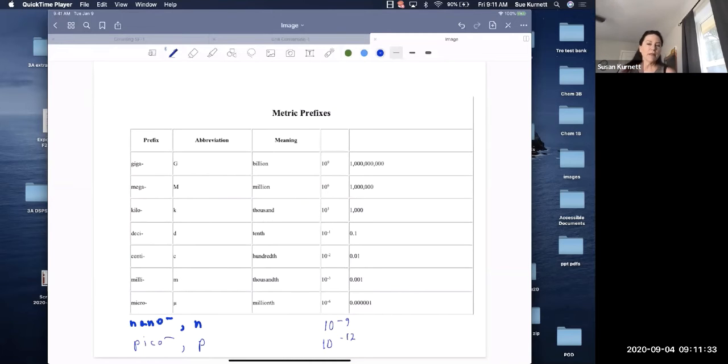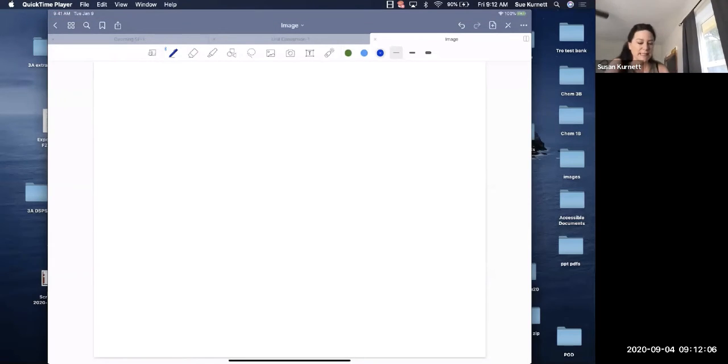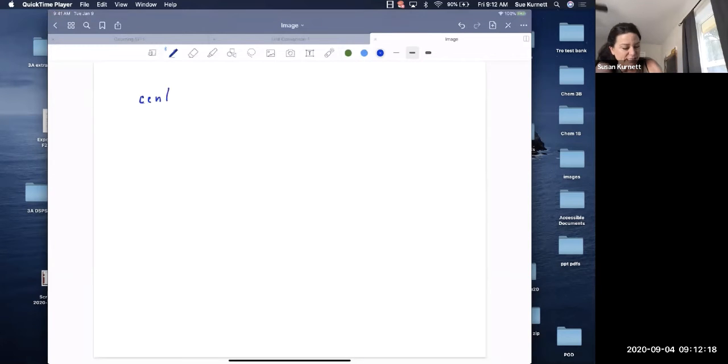No worries. Right now, I want to talk about how we equate the prefix with the order of magnitude. So I'm focusing on how we're going to connect this idea to that letter. I'm going to focus on something that's common to us, which is centi. So c stands for centi.